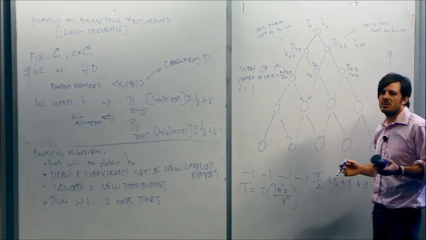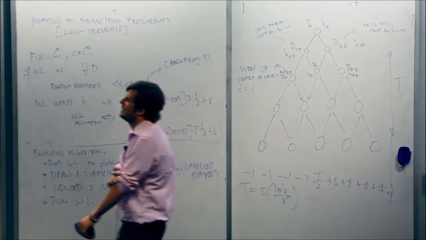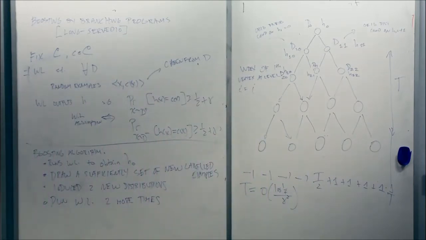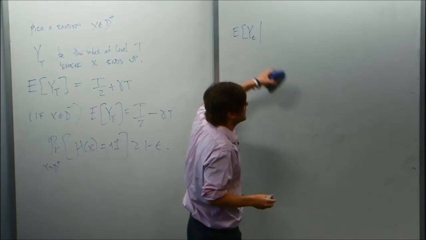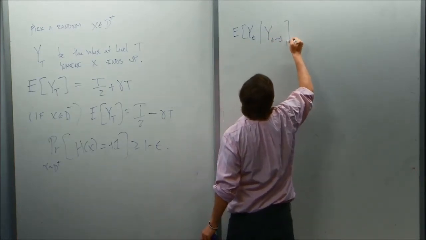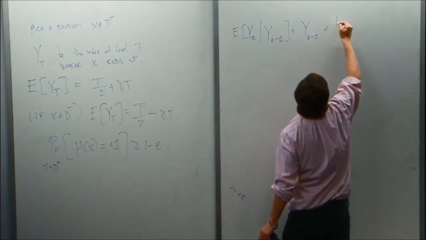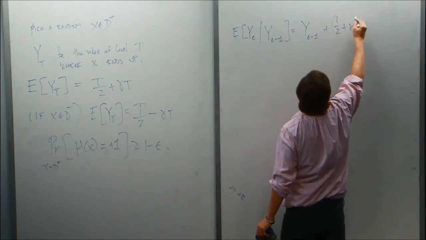So what can we do here? Martingale. Yeah, it's a martingale. Right. So the expectation of y sub t, if this is your index at level little t, given y sub t minus 1, is equal to y sub t minus 1 plus 1/2 plus gamma.